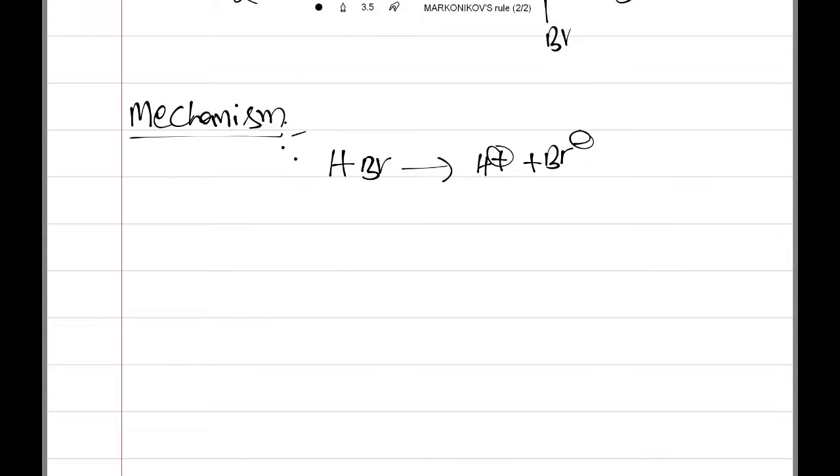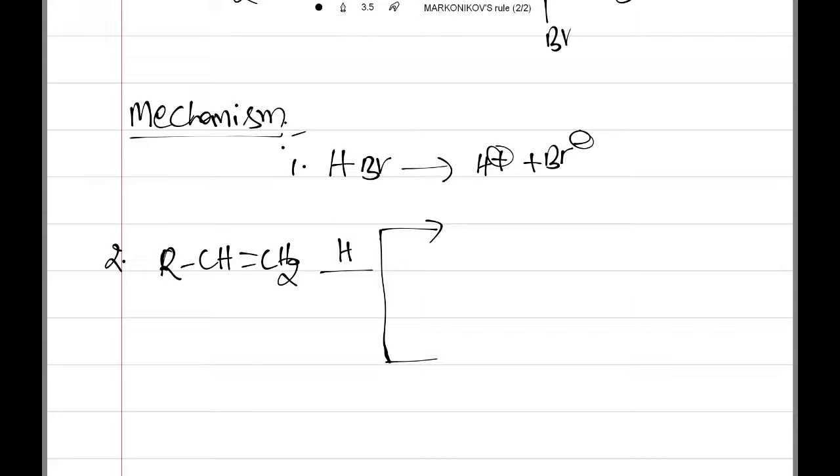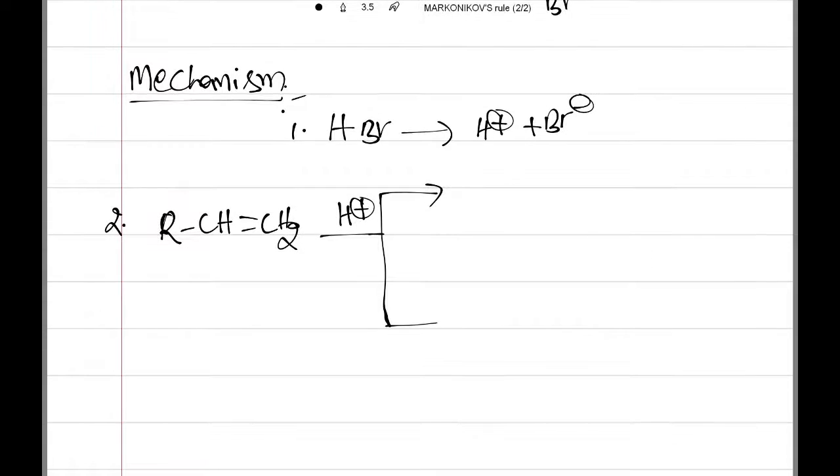In the second step, RCH double bond CH2 is attacked by the H plus in two possible ways, A or B. H plus may be attached to the A carbon, or H plus may be attached to the B carbon.